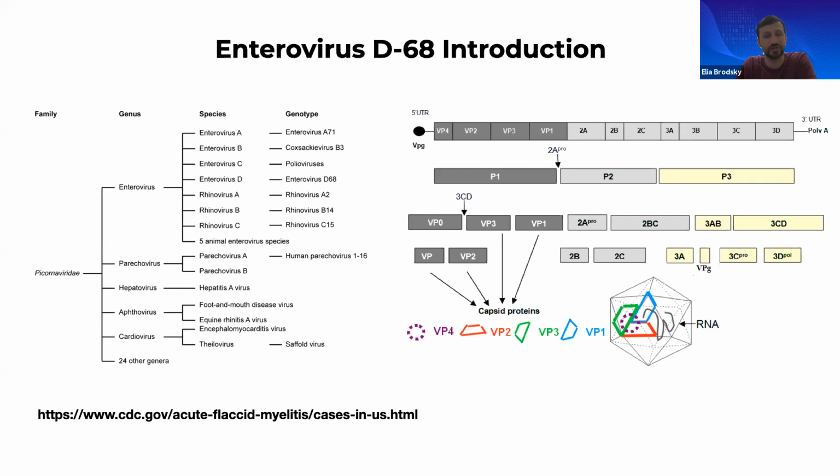The EVD68 genome is about 7.6 kilobases long, similar to polio, about 8 kilobases long, and consists of a single open reading frame flanked by untranslated regions. The genome encodes a precursor polyprotein that is further catalytically cleaved, resulting in 4 structural proteins, VP1, VP2, VP3, VP4, and 7 non-structural proteins, 2A, 2B, 2C, 3A, 3B, 3C, and 3D.